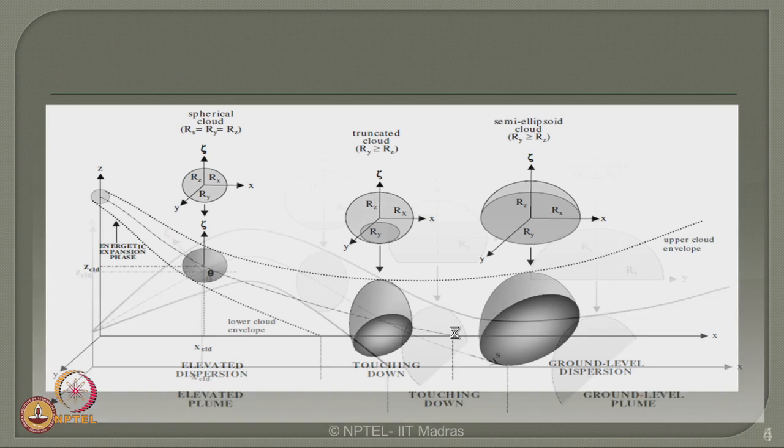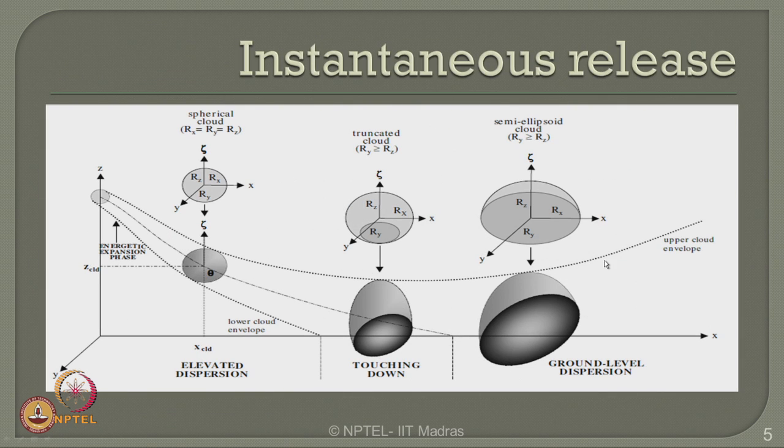This is also true, friends, in the case of an instantaneous release model, what we call a puff model. When a puff release happens at a specific height, the center line of the puff is what you see here. Initially again it is considered to be a spherical cloud where Rx, Ry and Rz are considered equal.